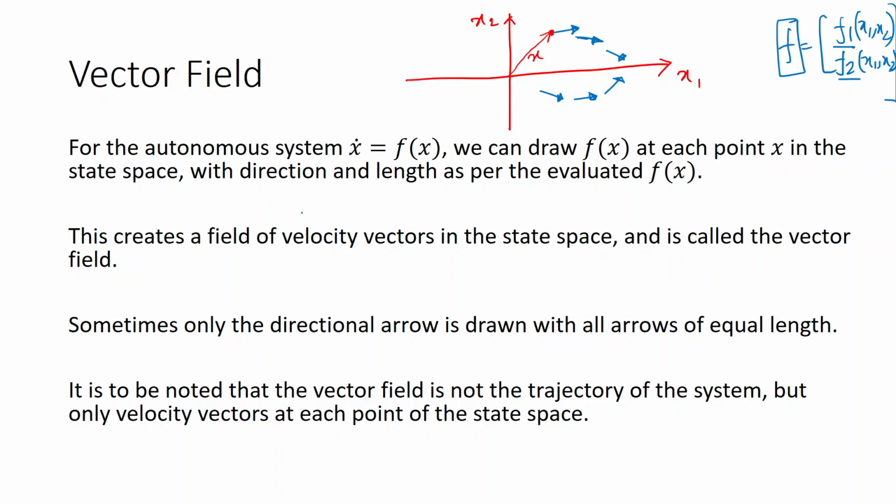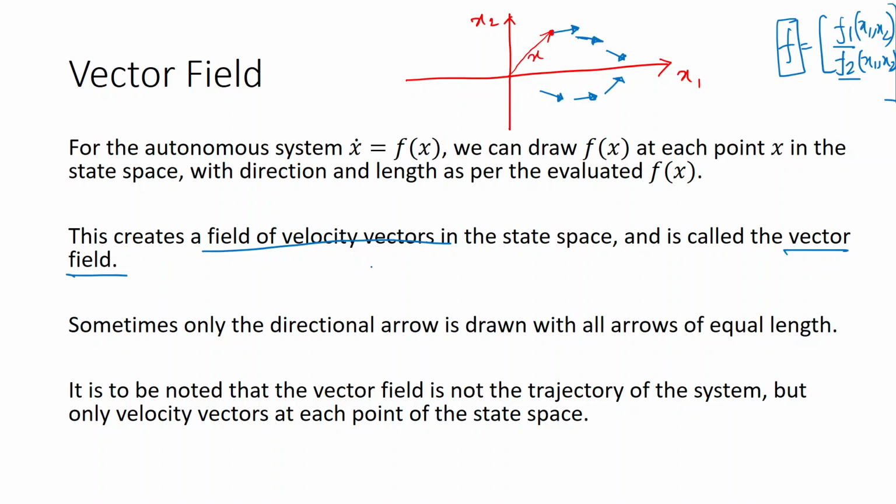When you draw all these arrows from many different points in the state space, what you create is basically a field of velocity vectors. f(x) is a velocity vector. So you create a field of velocity vectors, which is called the vector field. This is called the vector field of the system.